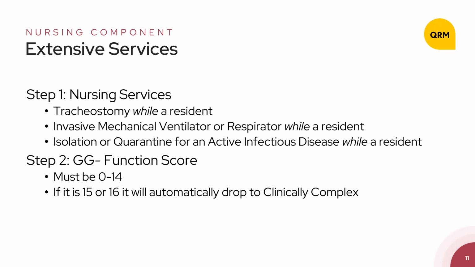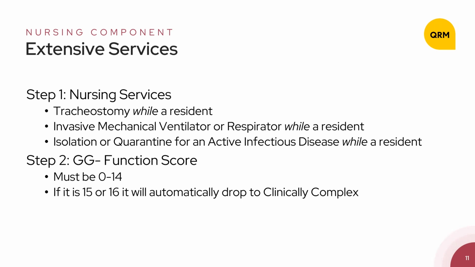And then automatically we think, oh, we can code isolation on our MDS. But you have to really go and look at it and see, do they meet these 4 criteria? Because they may have them on isolation, but it may not meet those 4 criteria for the RAI. So make sure you understand those, look them up in the RAI manual before you code it as isolation.